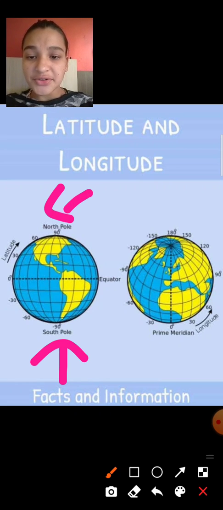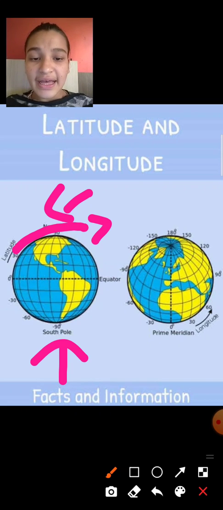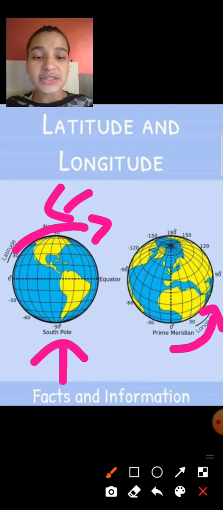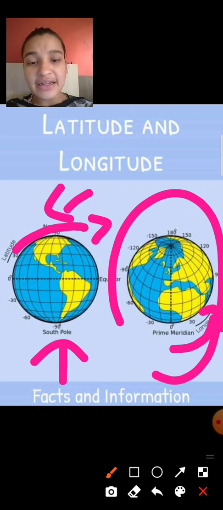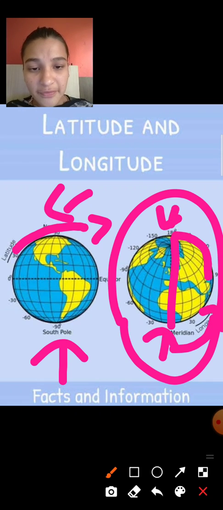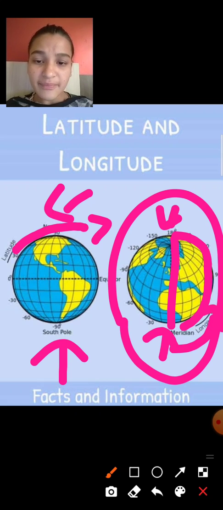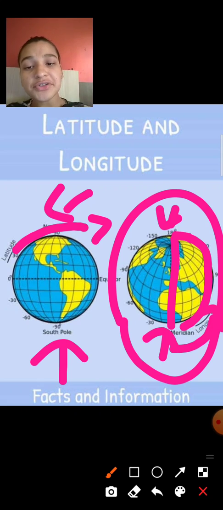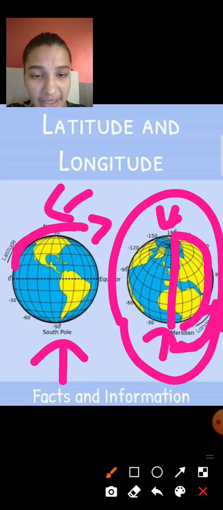See, latitude goes this way and longitude goes this way. We have seen that a total of 360 are there. So just as an example, from 0 to 180, both are important parts of longitude. Okay, so this is the latitude and longitude. Latitude will go like this and longitude will go like this.